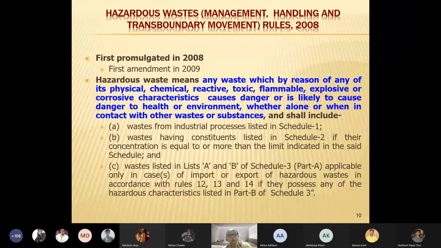Okay. So how do we define hazardous waste? The first thing is any waste which, because of its physical, chemical, reactive, toxic, flammable, explosive, or corrosive nature, can cause danger to either the health or the environment.